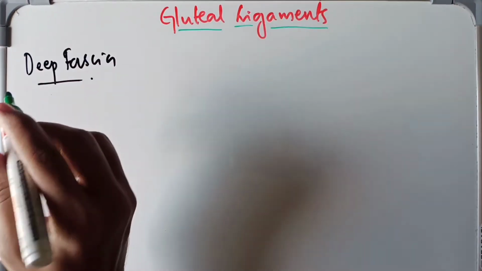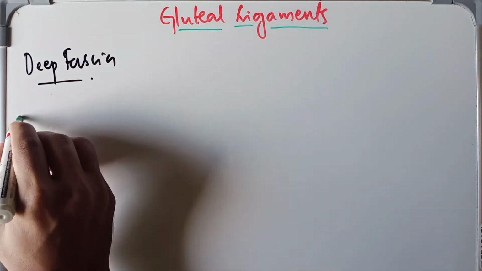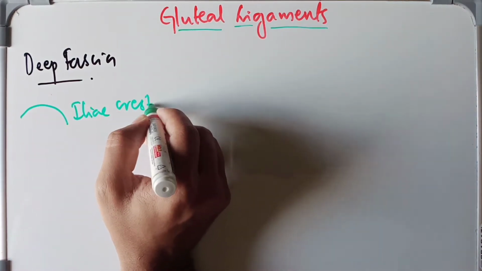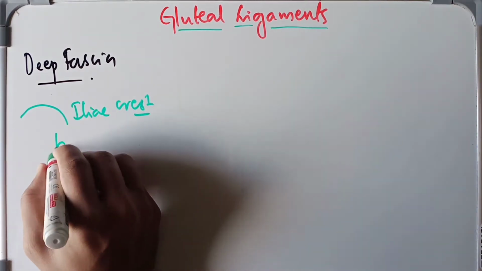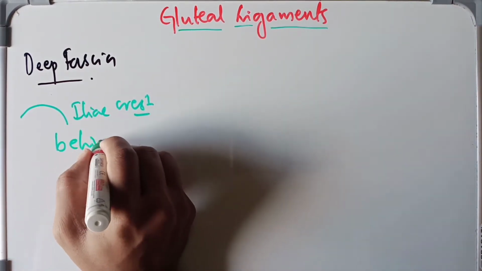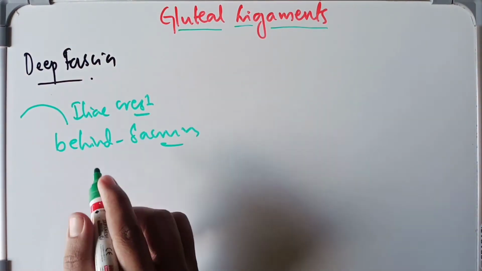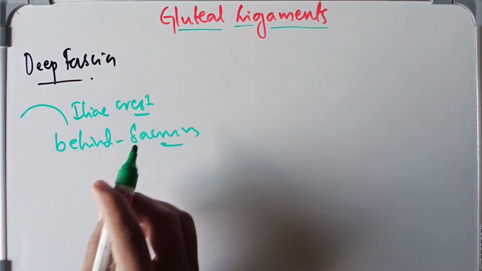The deep fascia of the gluteal region is attached above to the iliac crest, and then behind to the sacrum. So above it is attached to the iliac crest and behind it is attached to the sacrum.